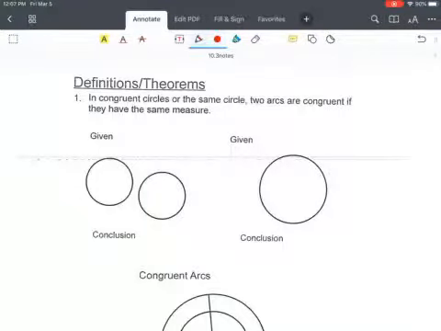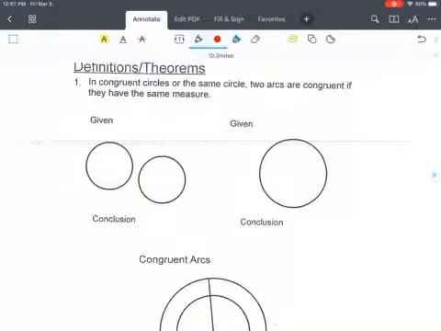So some definitions and theorems. In congruent circles or the same circle, 2 arcs are congruent if they have the same measure. So in this case, if I told you that these 2 circles were the same, I could have 2 arcs that would each be 60 degrees, and they would be the exact same length on each circle.